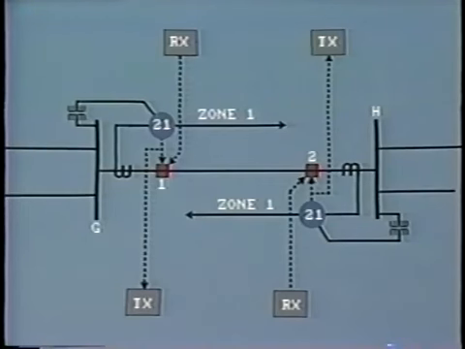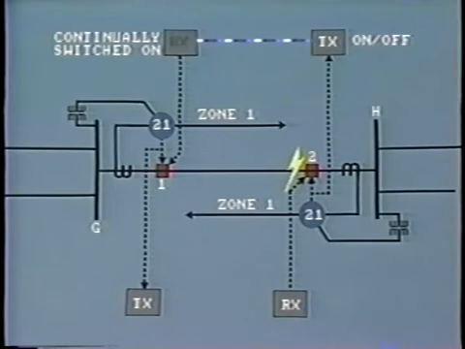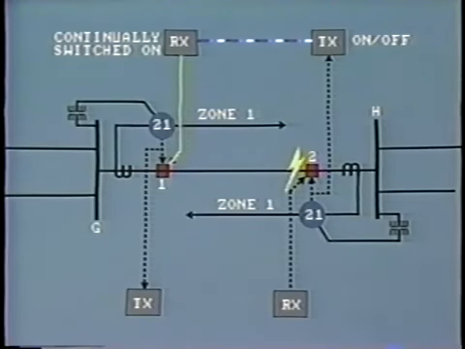The signal itself can be transmitted in the on-off mode. Once the transmitter is switched on, it sends a preset signal on a specific frequency to the receiving end. The receiver is continually switched on and tuned to the specific frequency, waiting for the signal. When the signal is received, it triggers appropriate actions.